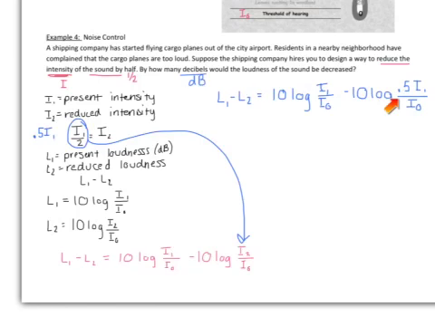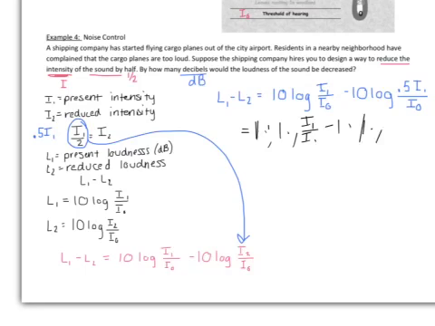The front one stays the same: 10 log I1 over I0 minus 10, and I'm going to break this in half.